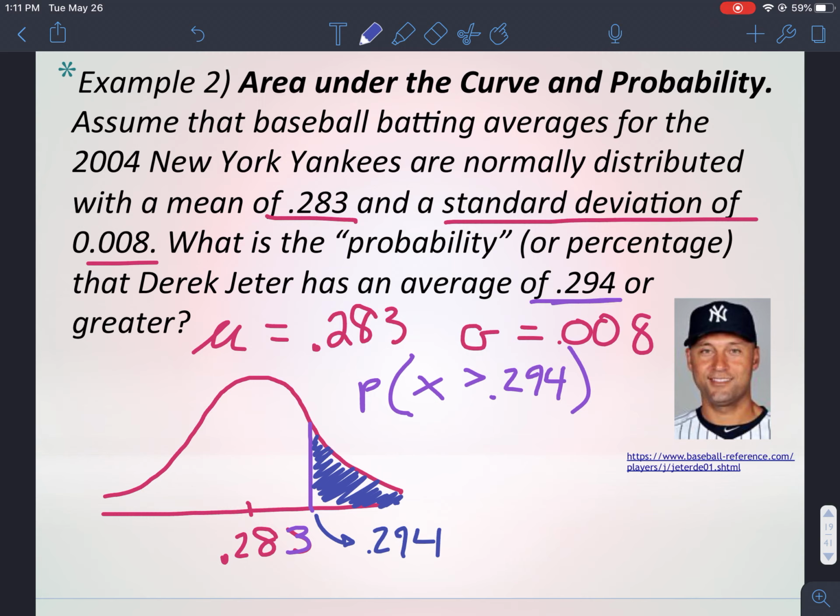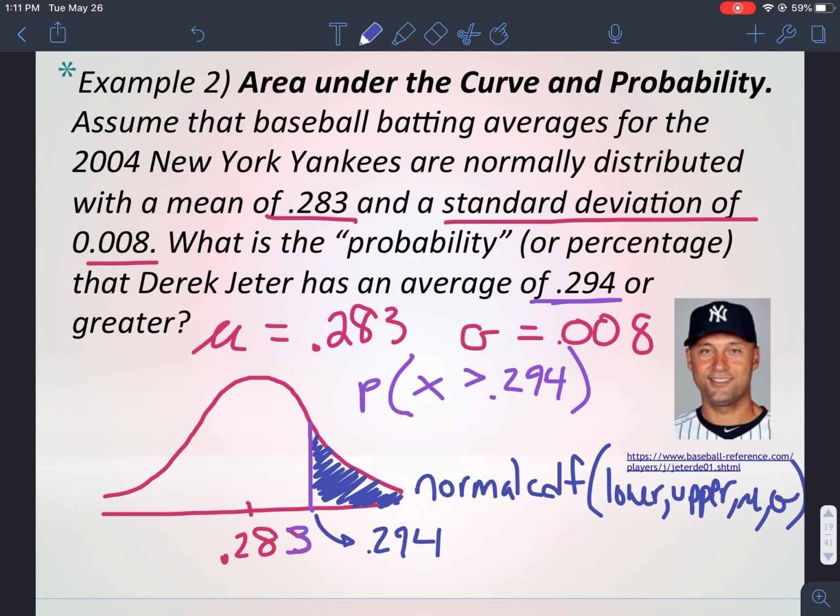Okay, now let's set up our normal CDF: lower, upper, mean, standard deviation. That's how we're going to use the graphing calculator in order to do this.